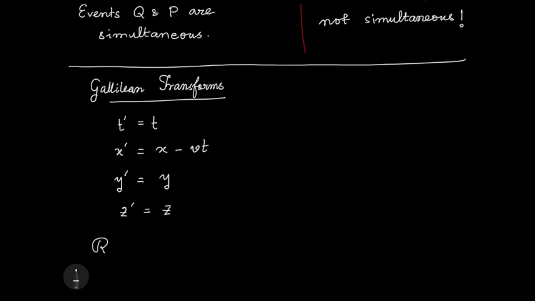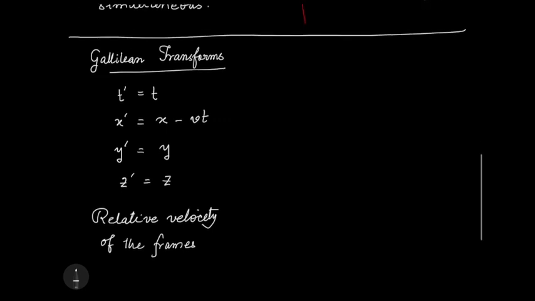So in this case, the relative motion or relative velocity of the two frames is v along x direction. Okay, positive or negative will change this sign over x minus vt. It can become x plus vt, but that is what this transformation law is for.